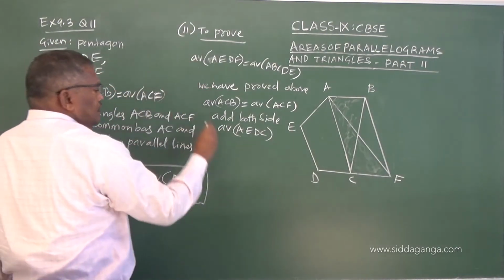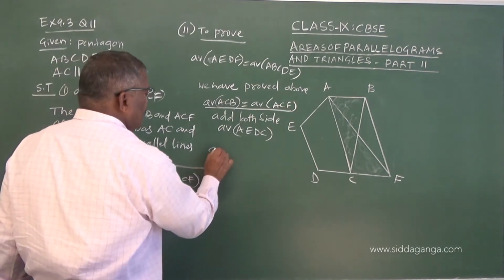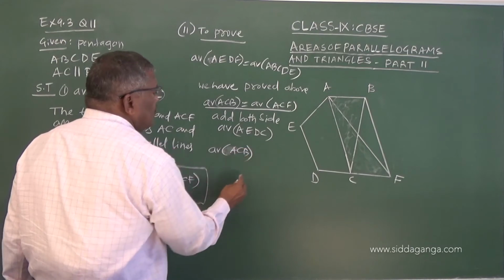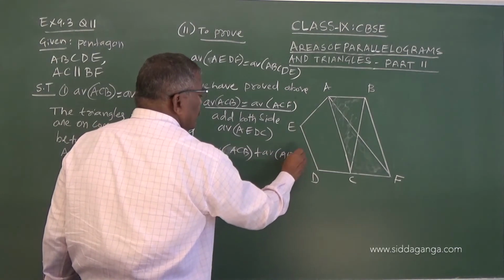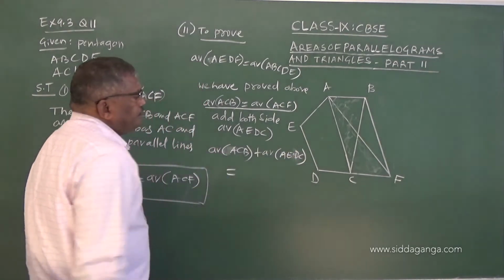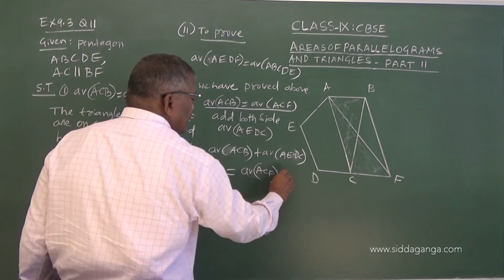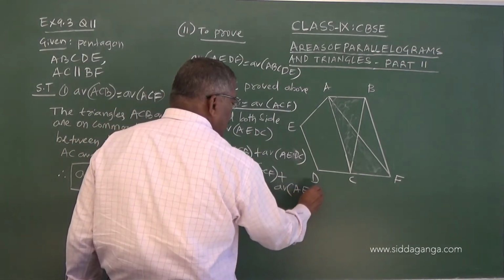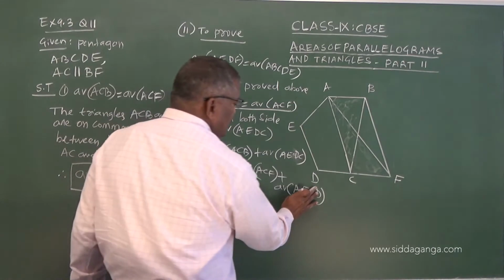So therefore, in this equation, area ACB plus area AEDC will be equal to right side area ACF plus area AEDC.